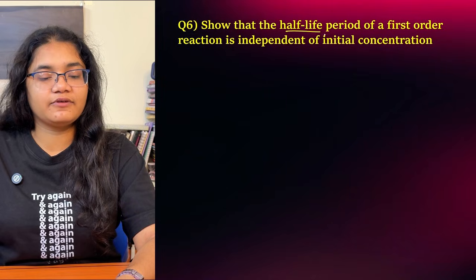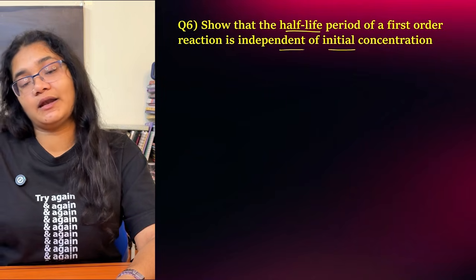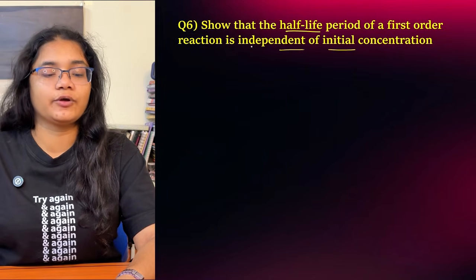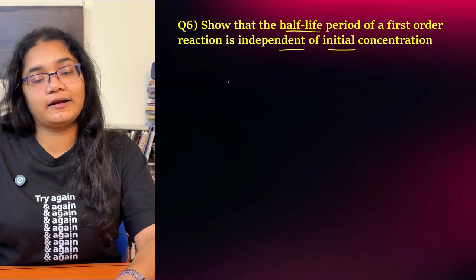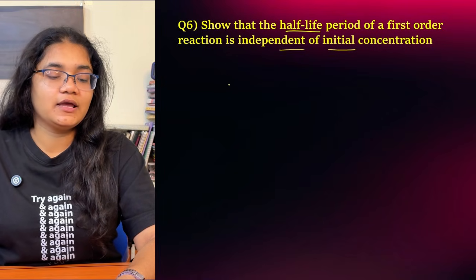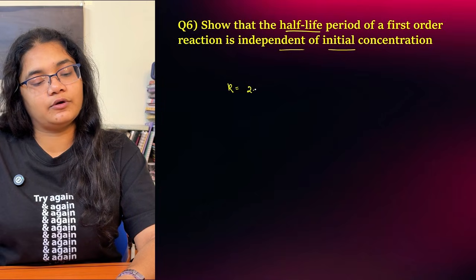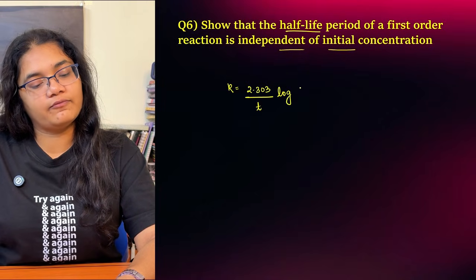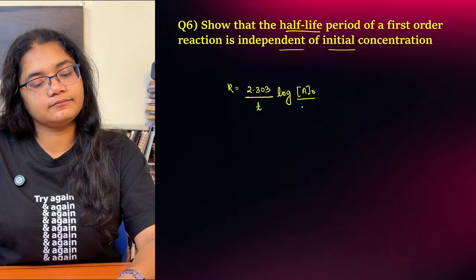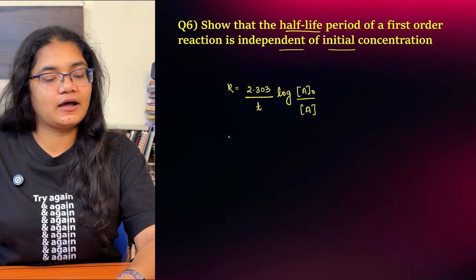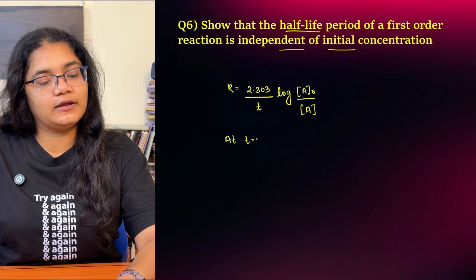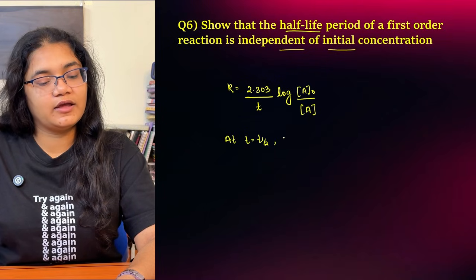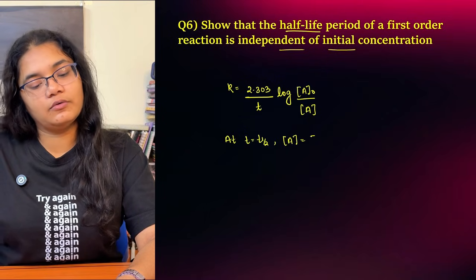Next, show that half-life period of a first order reaction is independent of its initial concentration. If you see the integrated rate law for a first order equation, the integrated equation is k equal to 2.303 by t log of A naught by A, right? Now at half-life, or at t equal to t half, A value should be equal to A naught by 2.